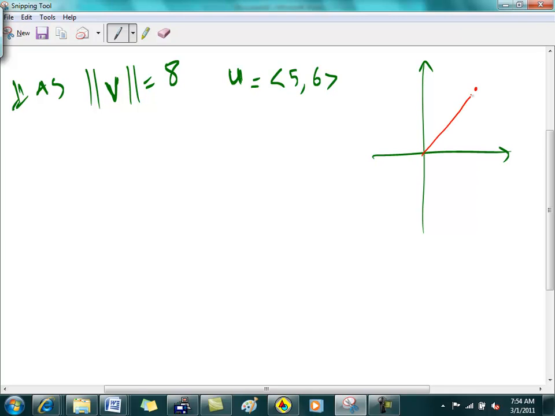Here's my U vector. But they want V to be in the same direction as U, but 8 units long. So this is what you do.